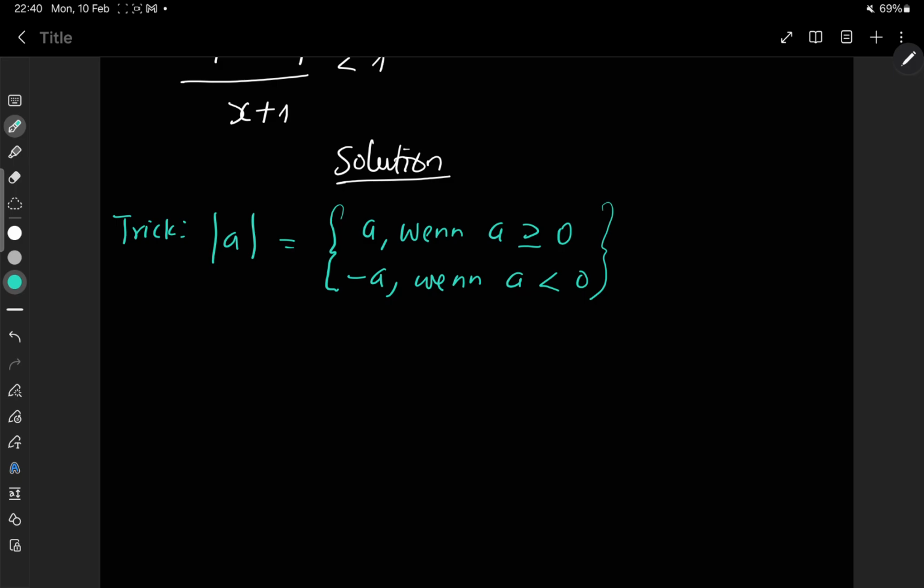So every absolute value must be separated into two cases.